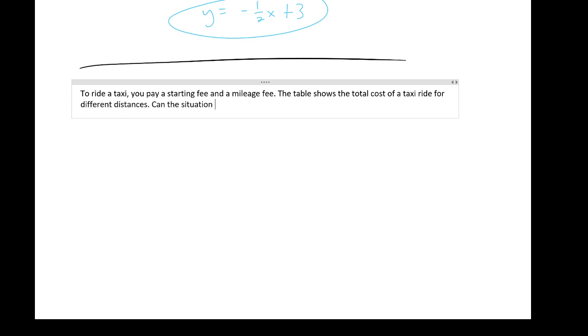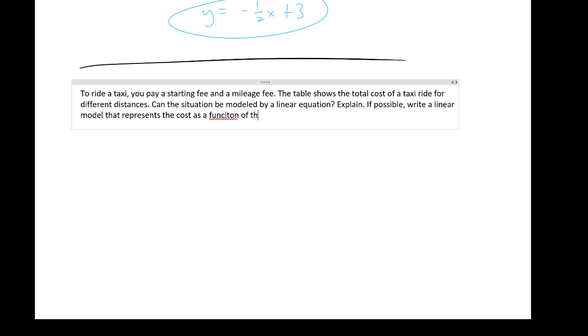Can the situation be modeled by a linear equation? Explain. And if possible, write a linear model that represents cost as a function of the number of miles. All right.